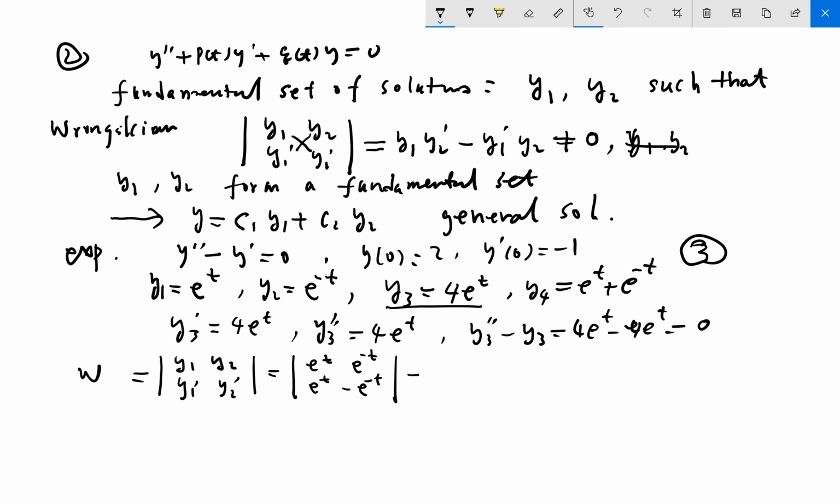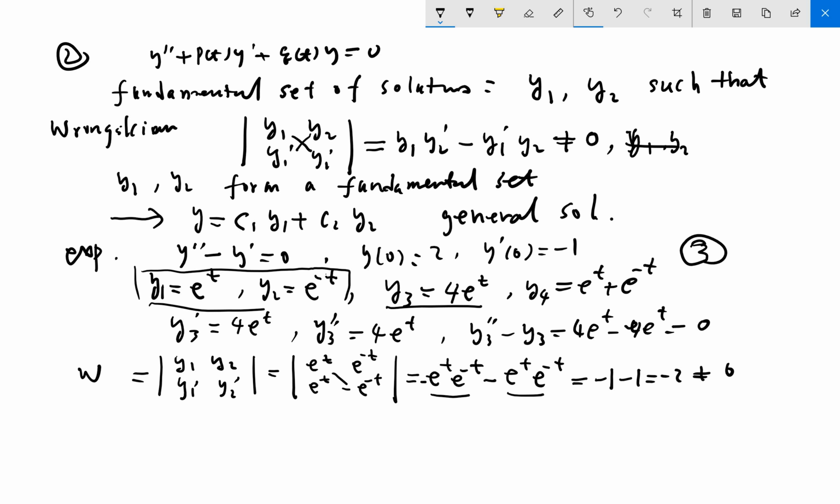So we calculate the determinant. You multiply those two: e to the t times the negative e to the negative t. Subtract e to the t and e to the negative t. E to the t times e to the negative t gives you 1, so you got a minus 1. This one gives you another 1. Minus 1 minus 1 gives you minus 2, which is not 0. In other words, those two form a fundamental set.